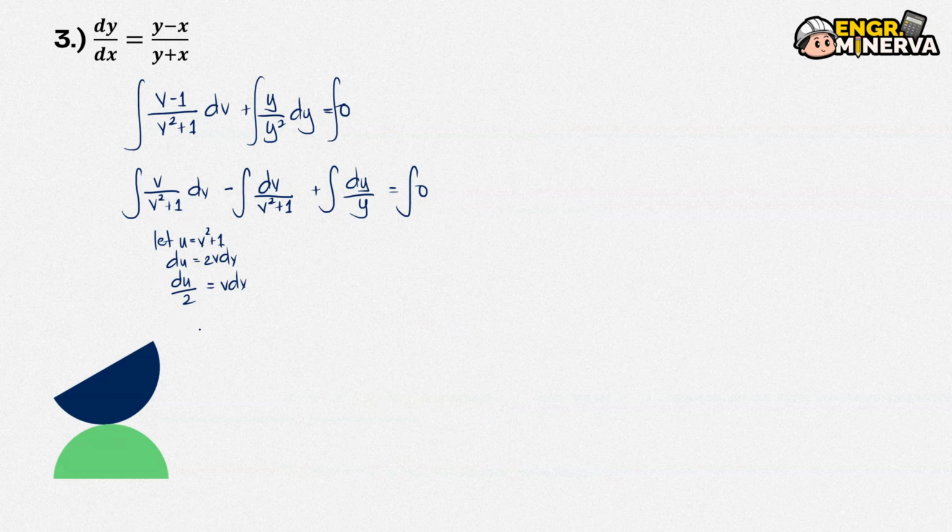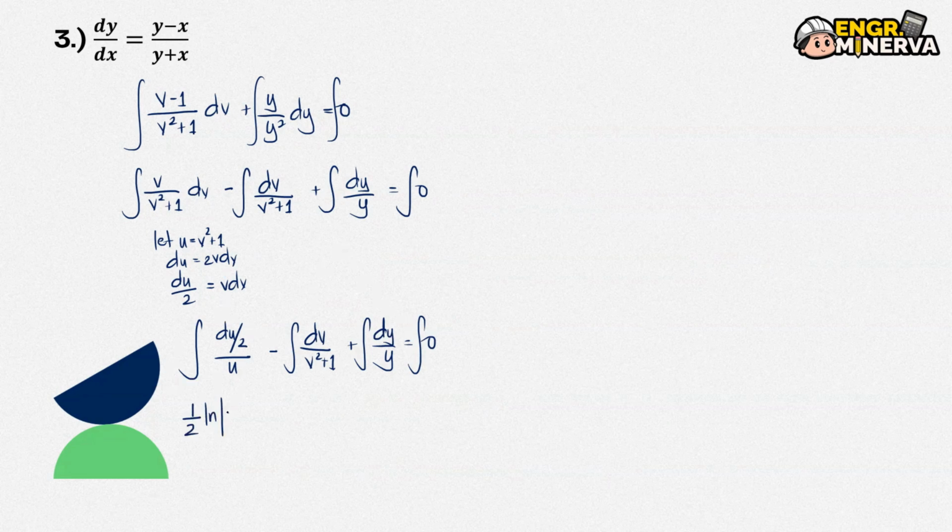So the first term would be du over 2 over u minus dv over v squared plus 1 plus dy over y equals integral of 0. Then this would be 1 half ln of, our u here is v squared plus 1, minus, this is arctan again, that would be 1 over a, so 1 over 1 arctan of u over a, that would be arctan v, plus ln y equals c.